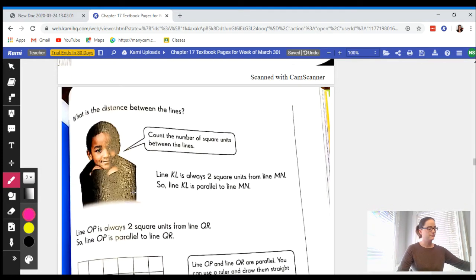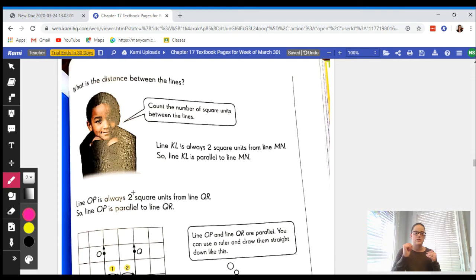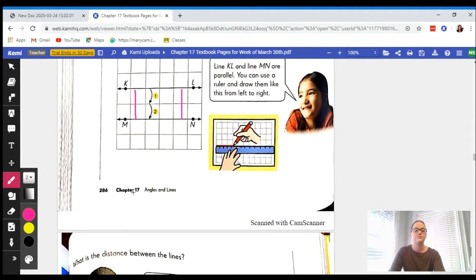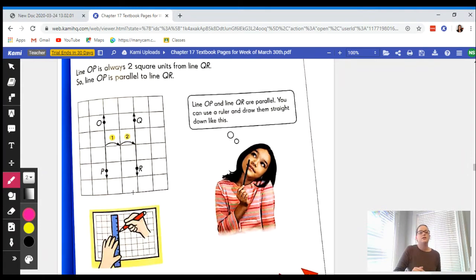Moving on to page 287, what is the distance between the lines? So if you look at the one up here, line KL is always 2 square units from line NM. So look up here. Very good. If they did it vertically, line OP is always 2 square units from line QR. So line OP is parallel to line QR.